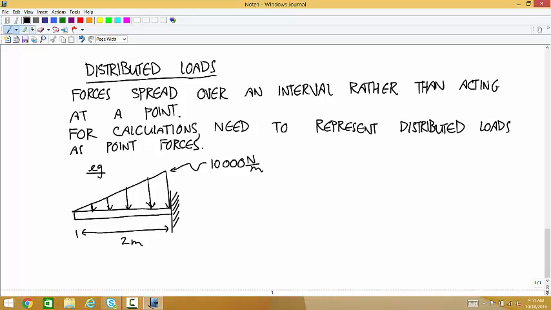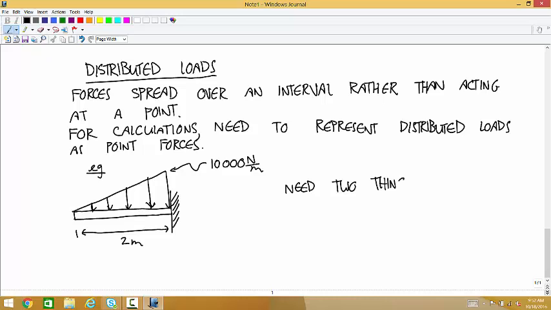Okay, so to do this calculation, you have to figure out how to translate what's given as a distributed load into a point force, and that involves two things: figuring out what the total magnitude of the force is, and figuring out the location where you could put that point force to make it an equipollent system.